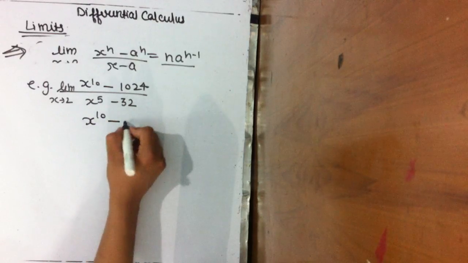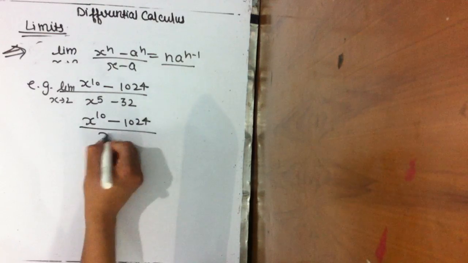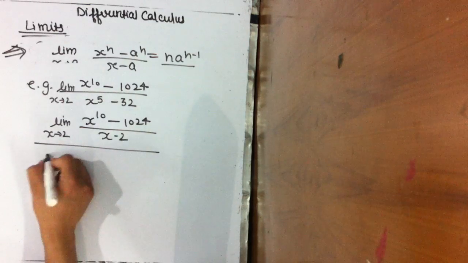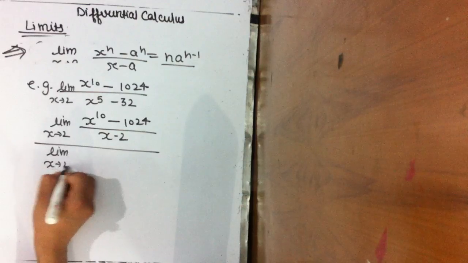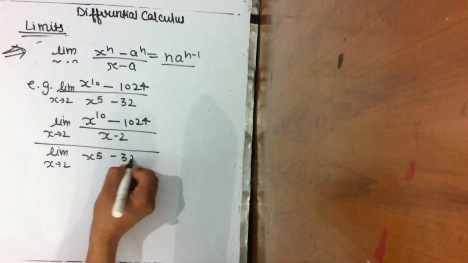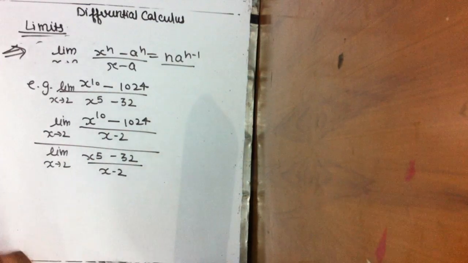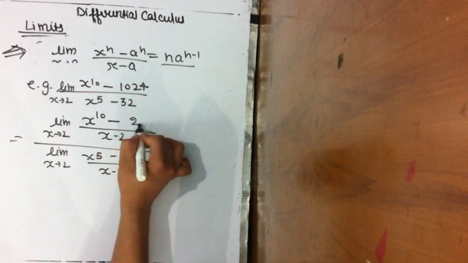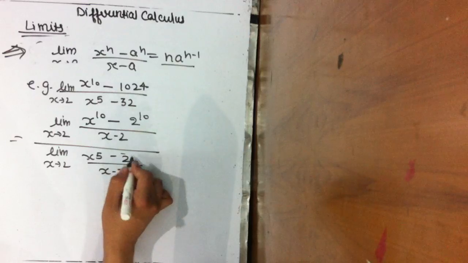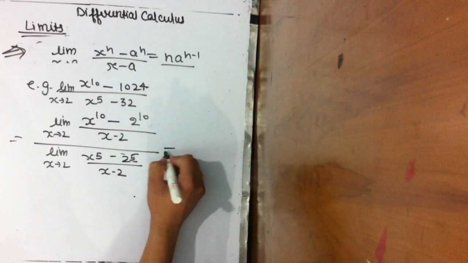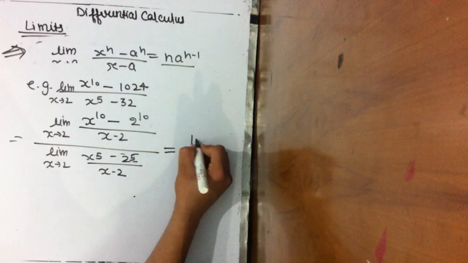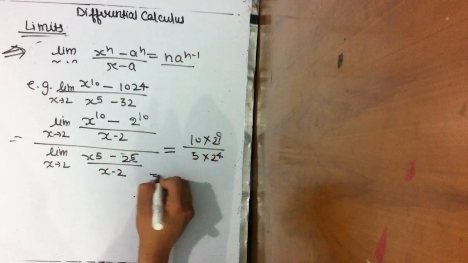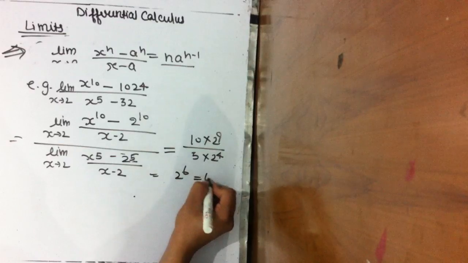There is x to the power 10 minus 1024 divided by x minus 2, limit x approaches 2, divided by limit x approaches 2, x to the power 5 minus 32 divided by x minus 2. So this can also be written as 2 to the power 10, and this can also be written as 2 to the power 5. So this turned out to be 10 into 2 to the power 9 divided by 5 into 2 to the power 4, that you will be getting 2 to the power 6, that is 64.